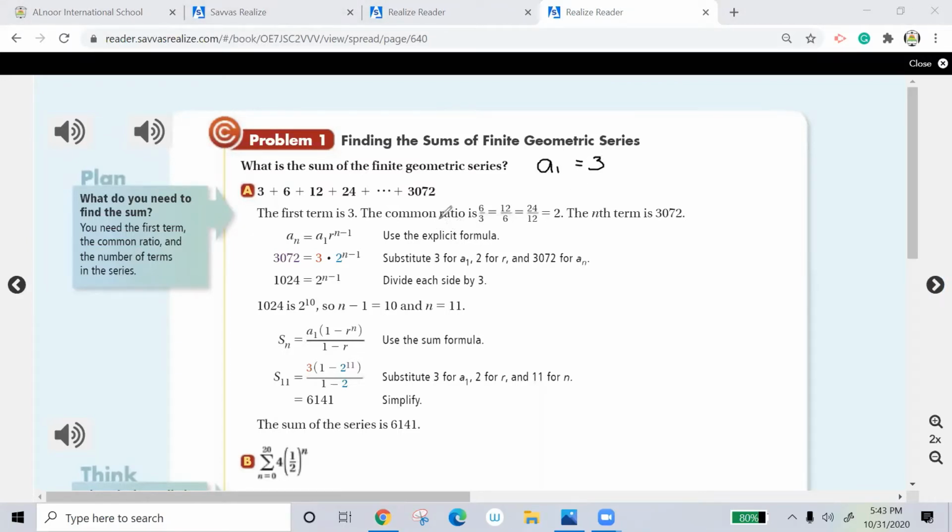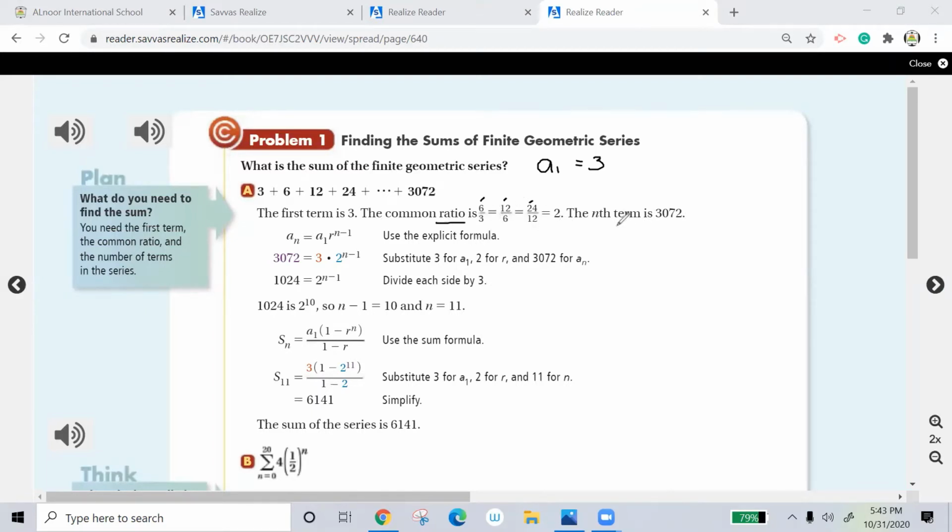Okay, what is our common ratio? Common ratio means the second number over the first number, or the succeeding number over the preceding number. So we have 6 over 3, and that is equal to 2. 12 over 6 is equal to 2. 24 divided by 12 is equal to 2. They are all equal to 2.